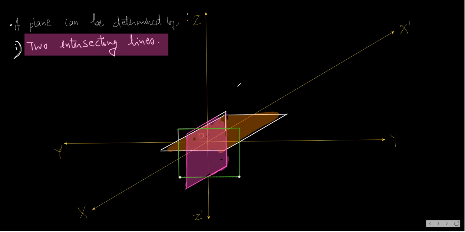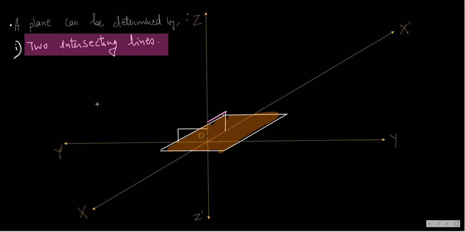This is YZ plane. The three planes are mutually perpendicular to each other. Anyways, let me have only XZ plane on the screen. Okay, I remove all other planes. I have only XZ plane.